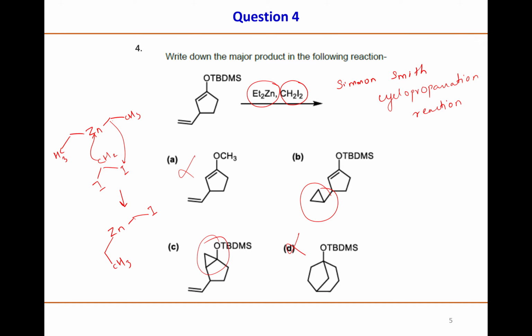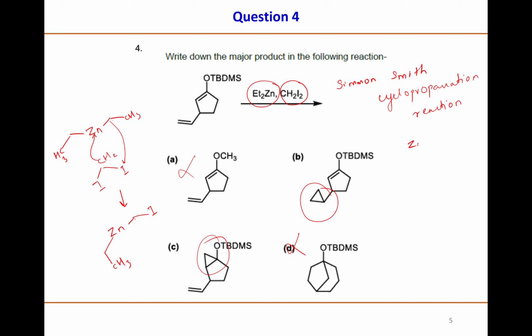After this formation, what will happen next? Next, cyclopropanation will take place. How? The transition state I will draw here after this formation.